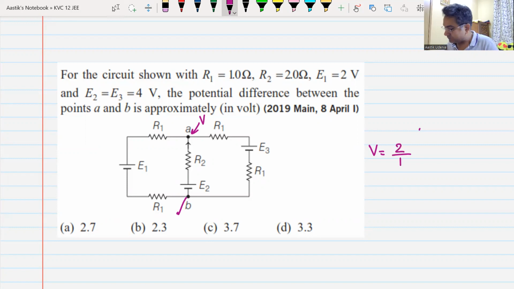E1 by R1, 2 by 1, plus E2 is 4, 4 divided by 2, plus, okay.